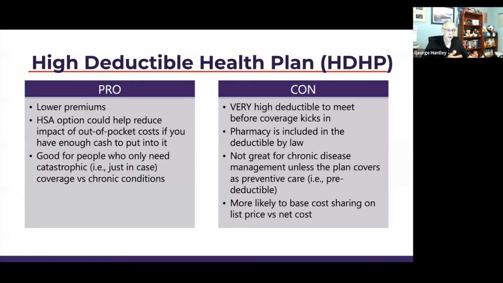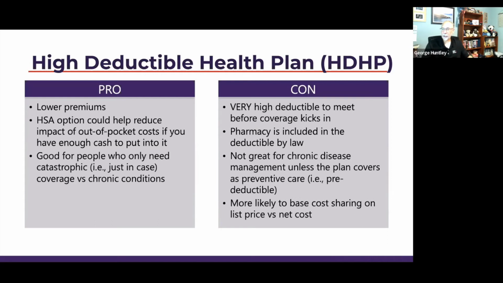So your January through April, you could be spending a lot of money out of pocket. If you've got the cash reserves for it, by December, you could be fine. But if you're having trouble making ends meet and paying the rent, this may not be the kind of plan for you. Pharmacy is included by law. It becomes challenging from a cost and a cash flow perspective.